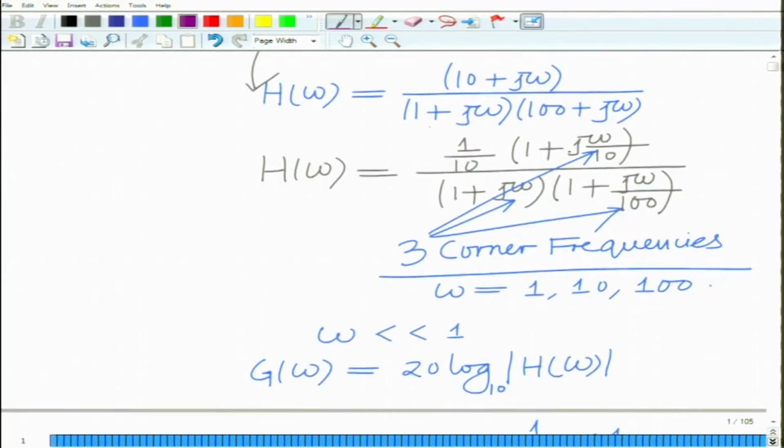Now, 1 plus j omega over 10, since this is much greater than 10, will be approximately j omega over 10. 1 plus j omega in the denominator will approximately be j omega, and 1 plus j omega over 100 will be 1, since omega is much less than 100.